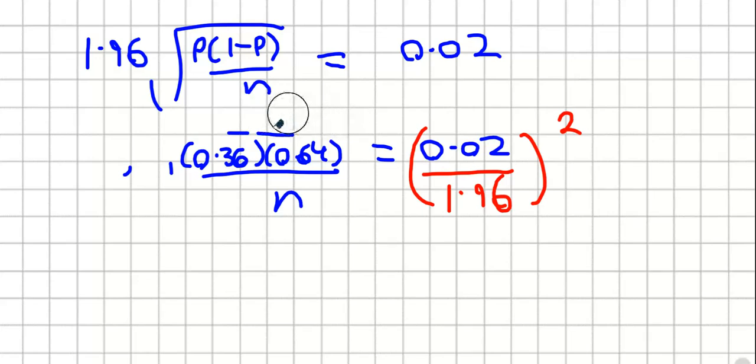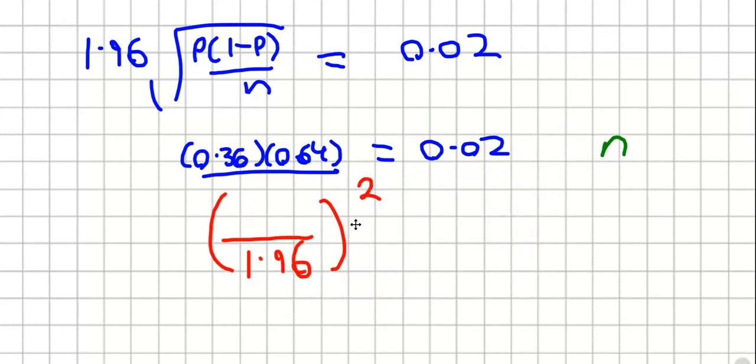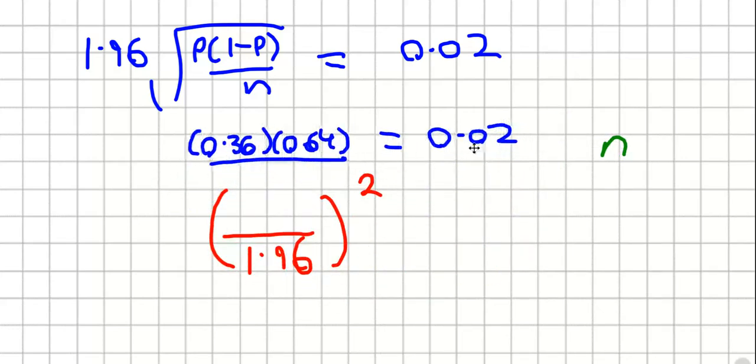That's how far along I am now. The n, which is currently division on the bottom, turns to multiplication on the right hand side. Sorry, I'll do this bit slicker than I did there.